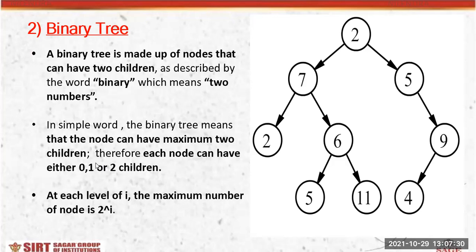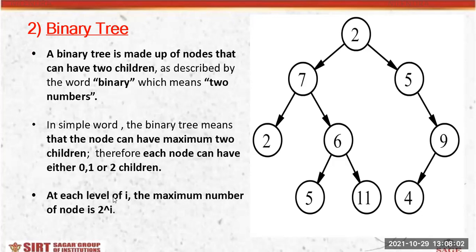So you can see here 2 is the degree, 6 is having degree 2, 5 is having degree 1 because it is having one child, 9 is having one child, degree 1, 4 is not having any child, so the degree of 4 will be 0, and the degree of 11 will be 0, and the degree of 5 will be 0. So we can conclude that a particular binary tree will have 0, 1 or 2 children.